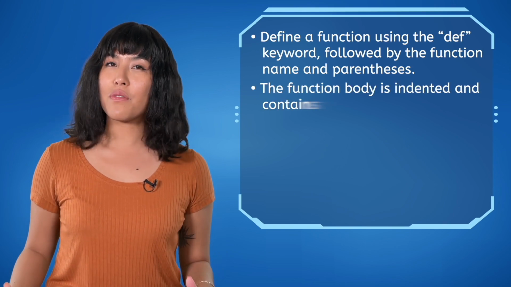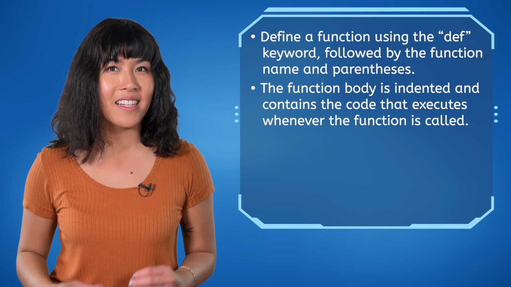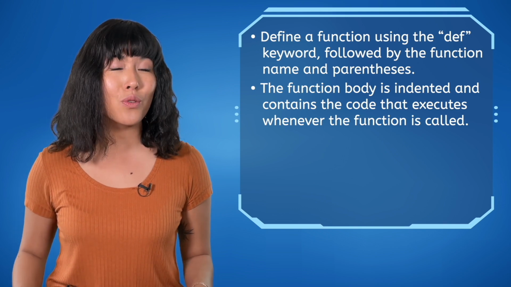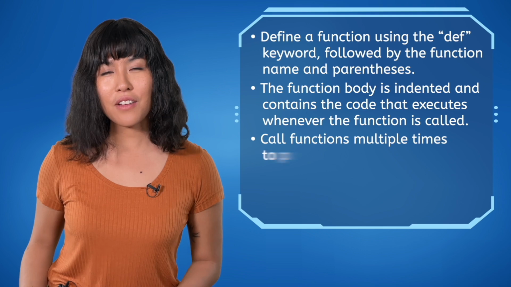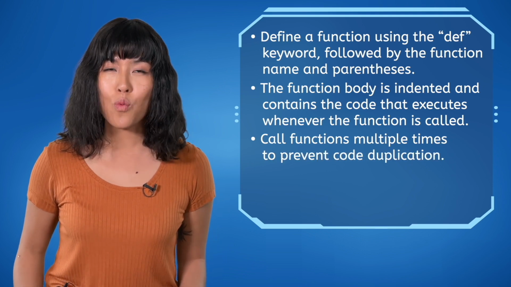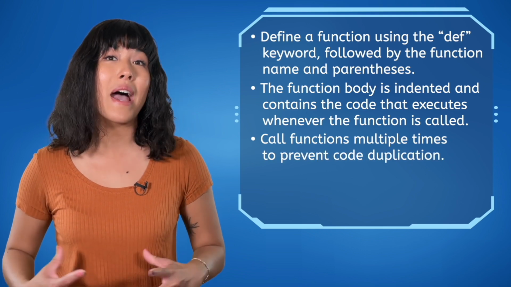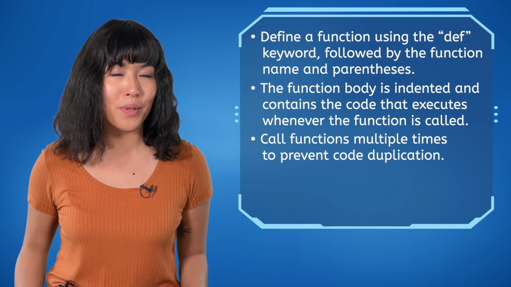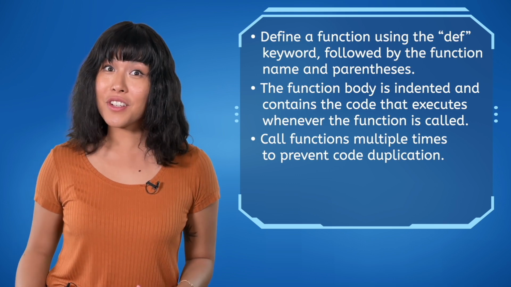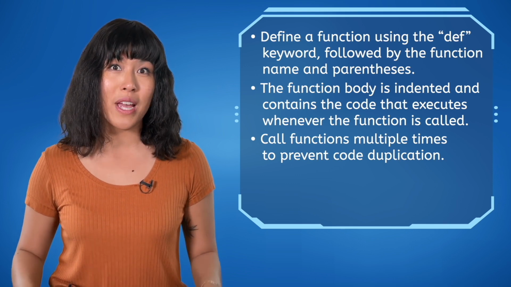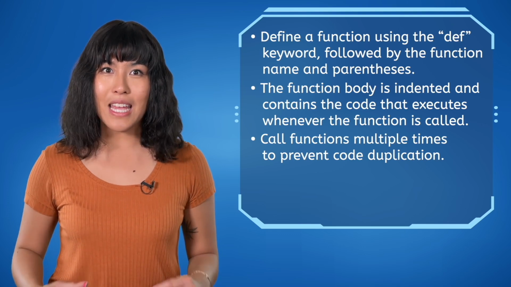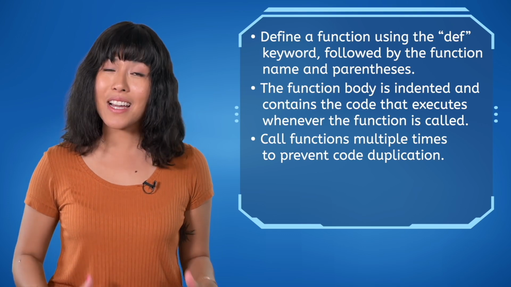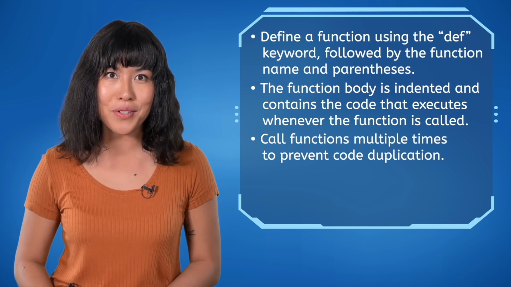The body of the function is indented and contains the code that executes whenever the function is called. By calling functions multiple times, we can efficiently execute repetitive tasks without duplicating code. Additionally, we explored the benefits of creating multiple functions to perform different tasks, enabling us to organize and execute complex operations.